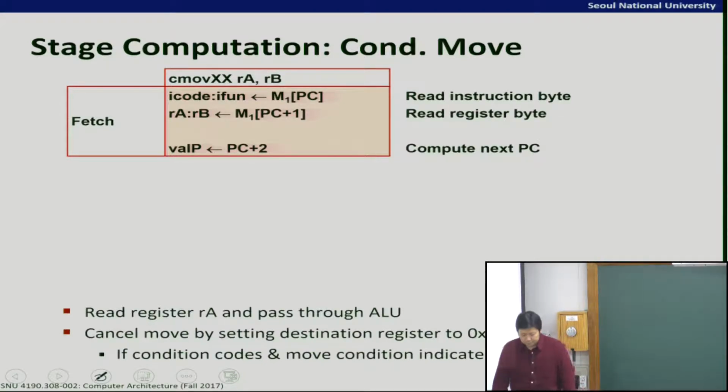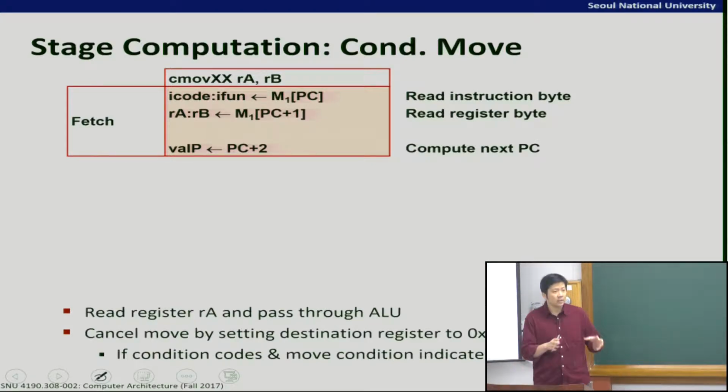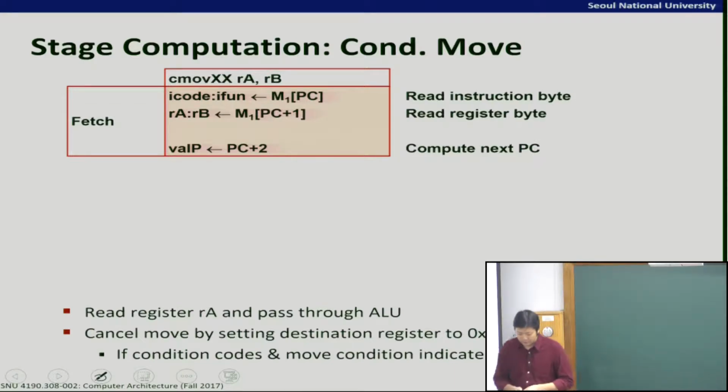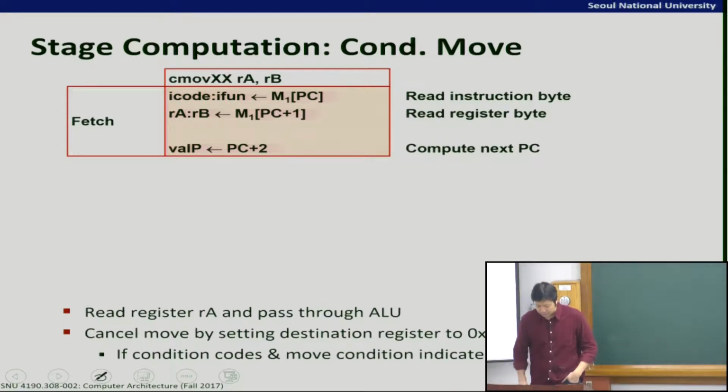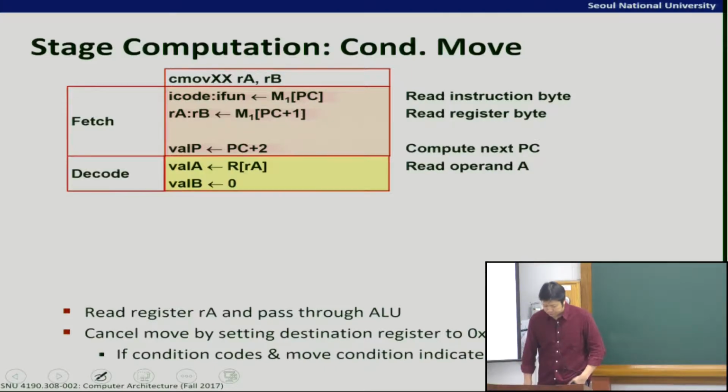We also compute the next PC here, because in this case the instruction word is 2 bytes. In Y86, as you know, it's a variable length instruction. So next PC is computed in this stage: valP is PC plus 2.